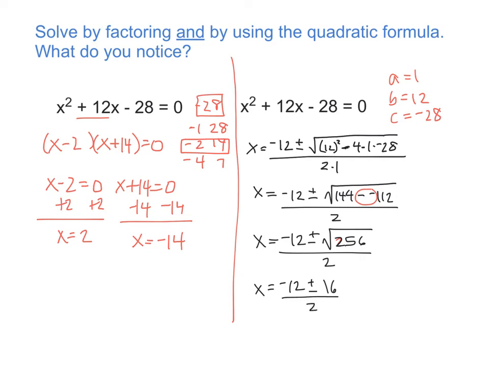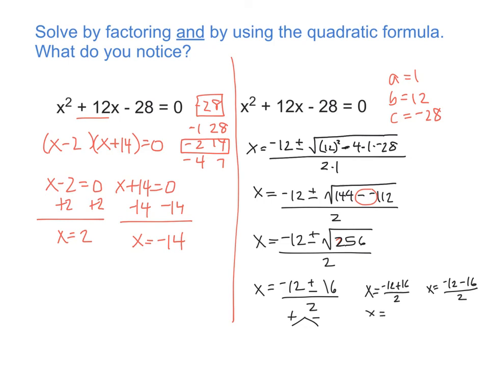Okay, now we're going to set up our two different equations, and usually I put my arrows down like this and put the plus and the minus. I'm going to do these over here. I ran out of space. So x equals negative 12 plus 16 divided by 2, and x equals negative 12 minus 16 divided by 2.